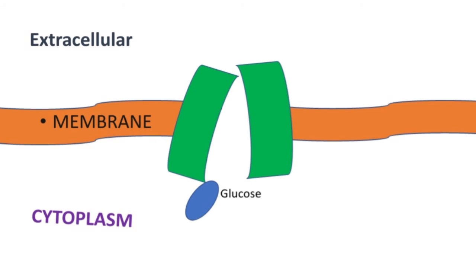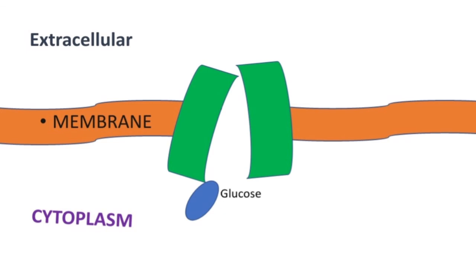Okay? There are 7 distinct glucose transporters with different tissue distribution. And we're going to talk about them. They're abbreviated as GLUT1 through 7, and another one with a different designation.